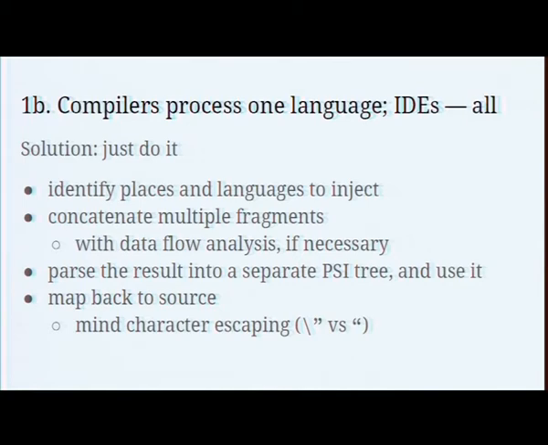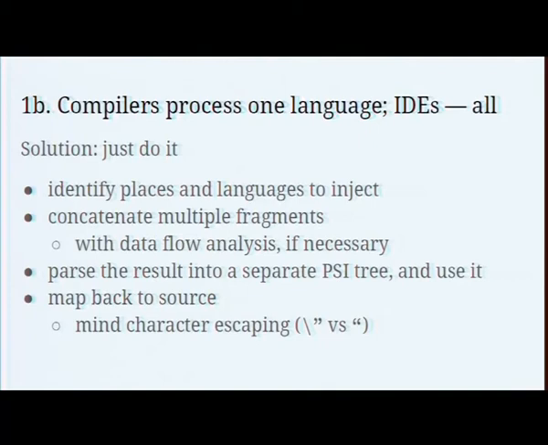And there are some interesting challenges, because the source might look different from the PSI tree that is parsed, due, for example, to character escaping. But it's not rocket science, it's just a bunch of code that does it.